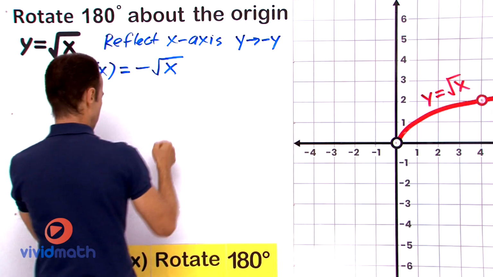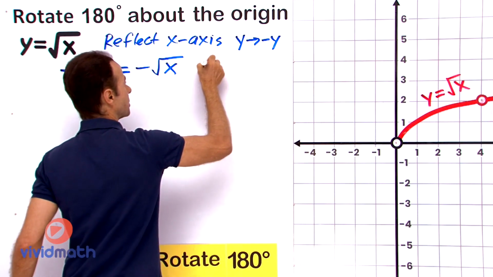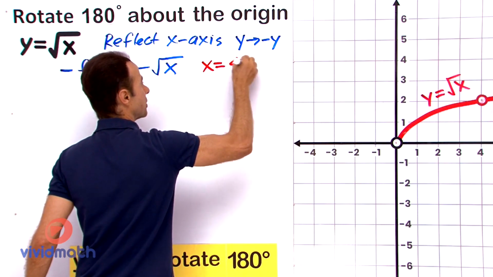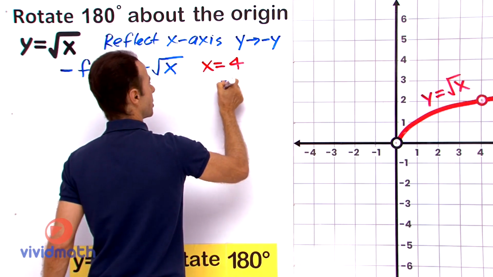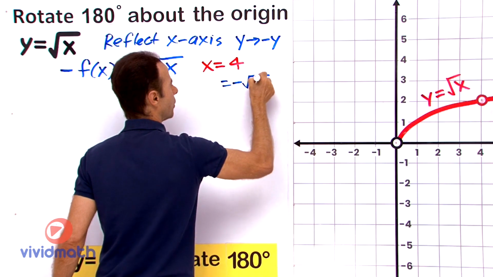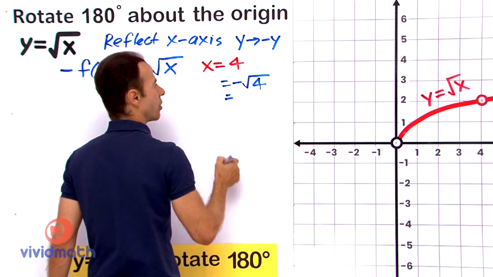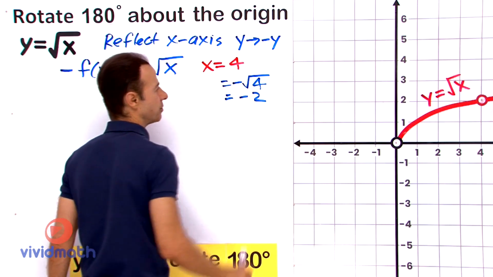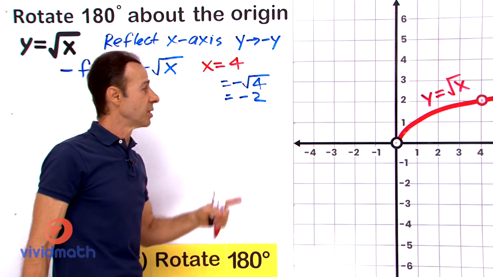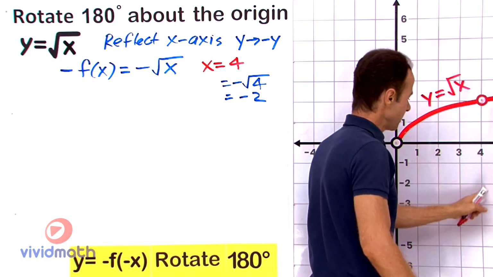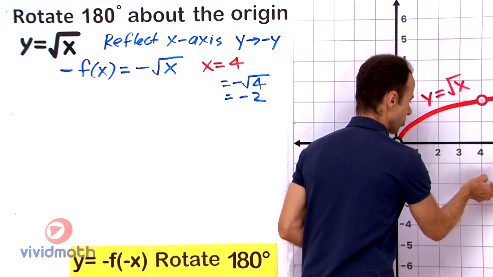So I'm going to substitute x equals positive 4. That's going to equal negative the square root of 4, and the square root of 4 is 2, so it's negative 2. Even if it's plus or minus 2, the minus comes in front, so it's minus 2. So yes, 4 comes down to minus 2, which is right about there.